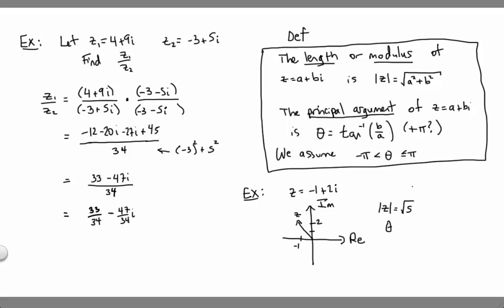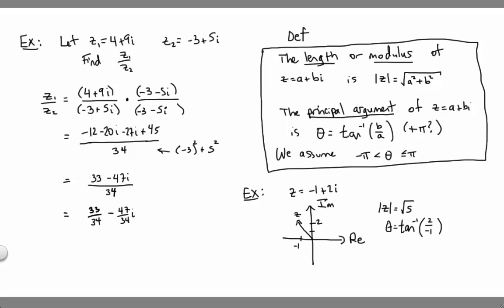So the angle, or formally the principal argument, we are going to go arctan of, you're taking your imaginary coefficient over your real coefficient. So 2 over -1. And the way the arctan function works, it will return the correct angle anytime your angle is on the right side of this diagram. So if you're in quadrant 4 or quadrant 1, arctan will give you the correct answer.